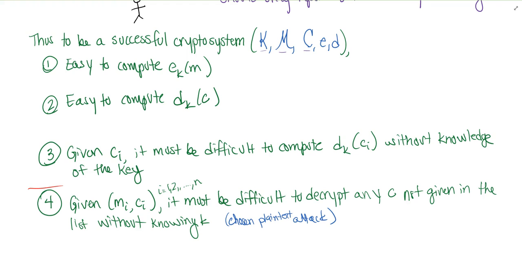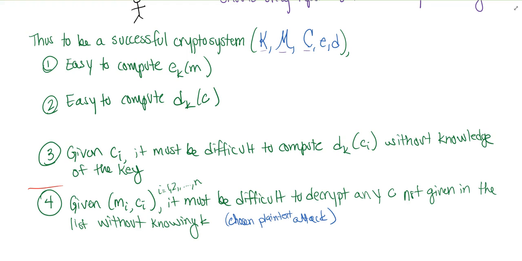This was what happened with the Enigma machine, if you've heard of it. We ended up getting ciphertext without the corresponding plain text, but over time we were able to figure out that this bit of ciphertext corresponds to this message, and then over time we were able to break it.